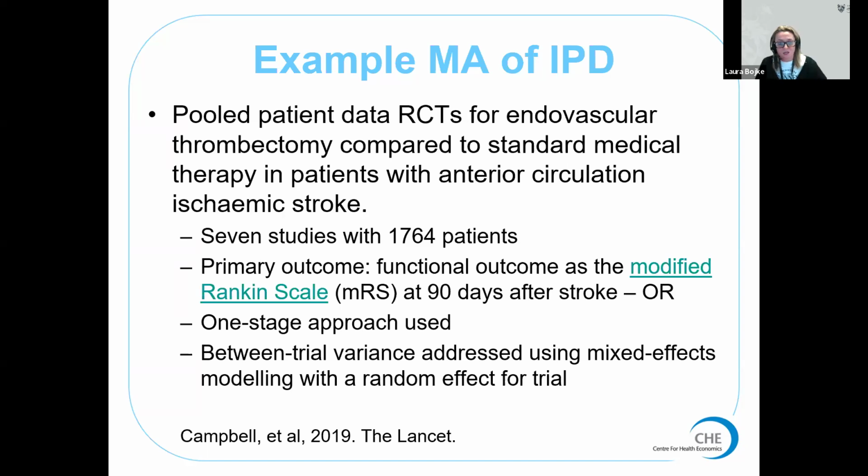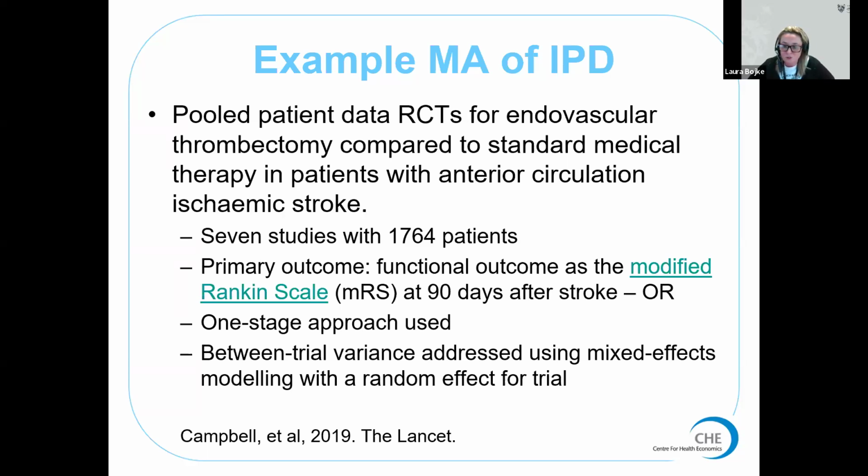This study looked at pooling patient data across randomized trials for endovascular thrombectomy compared to standard medical therapy in patients that had had an ischemic stroke. There was a large evidence base. This was 7 studies which pooled across over 1,700 patients, with functional outcome as the primary outcome after stroke.